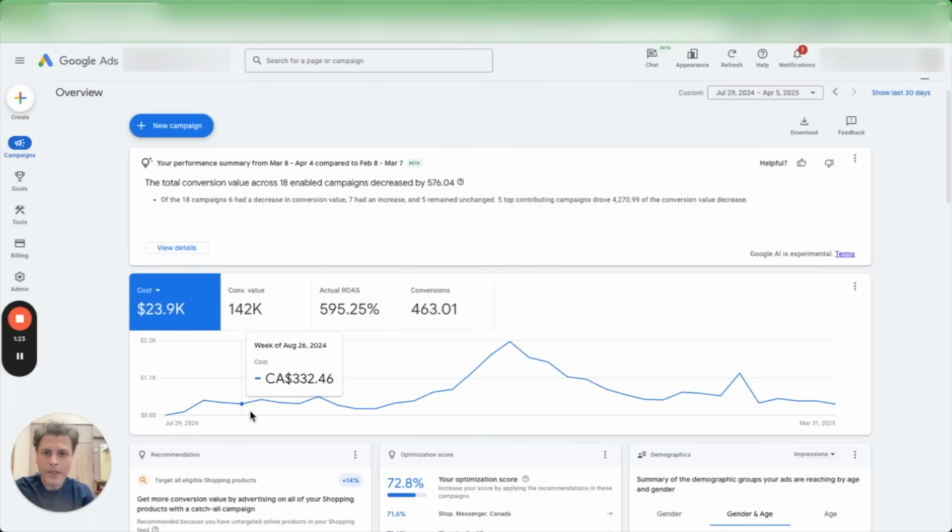Before you implement anything onto your Google Ads account, you should know exactly what your goals are. Either you're going for growth, like more sales and more volume of sales, or you want to maintain profitability with the ROAS. His goal clearly was ROAS.